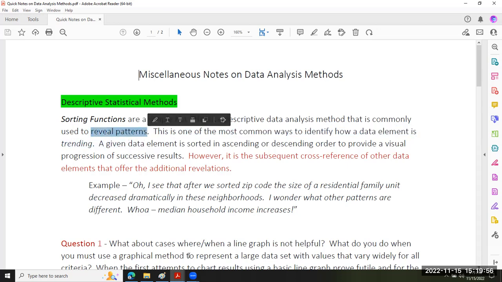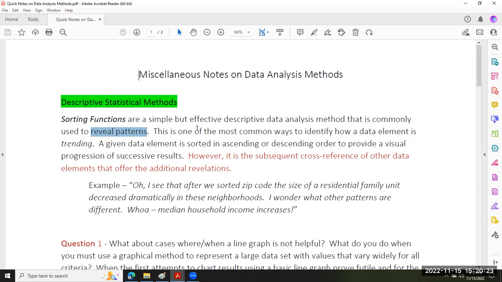So the whole point of performing data analysis, either in an Excel spreadsheet or in an Access database, is that you want to perform actions and calculations where a trend manifests, right? You want a trend to present.